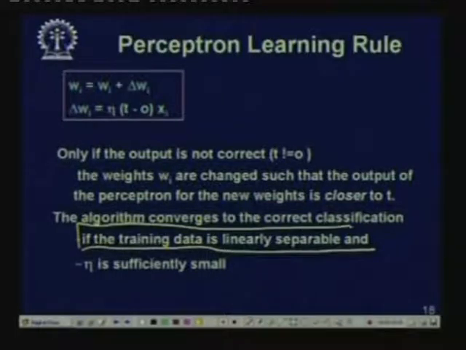So, the basic idea is that some functions can be represented by a perceptron, and we will see that only linearly separable functions can be represented by a perceptron. If the function is not representable by the perceptron, then this algorithm may not give you the correct result after training.